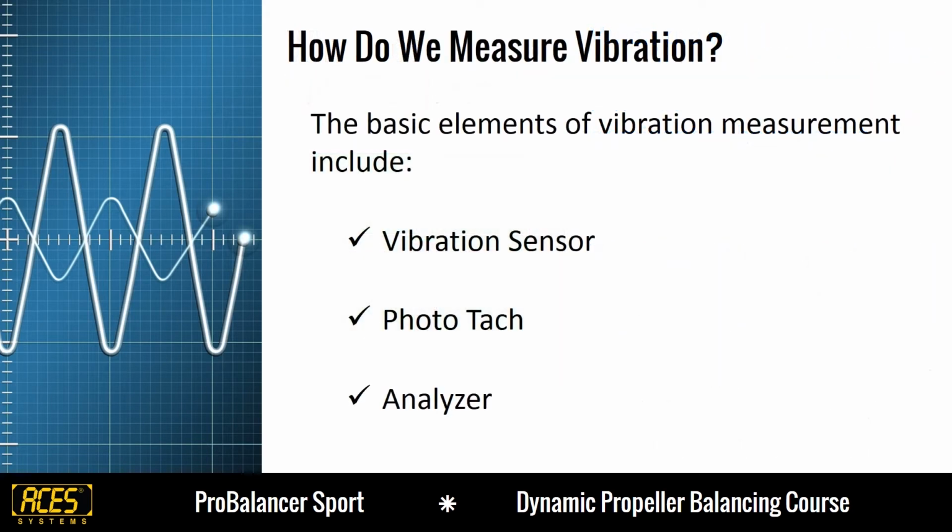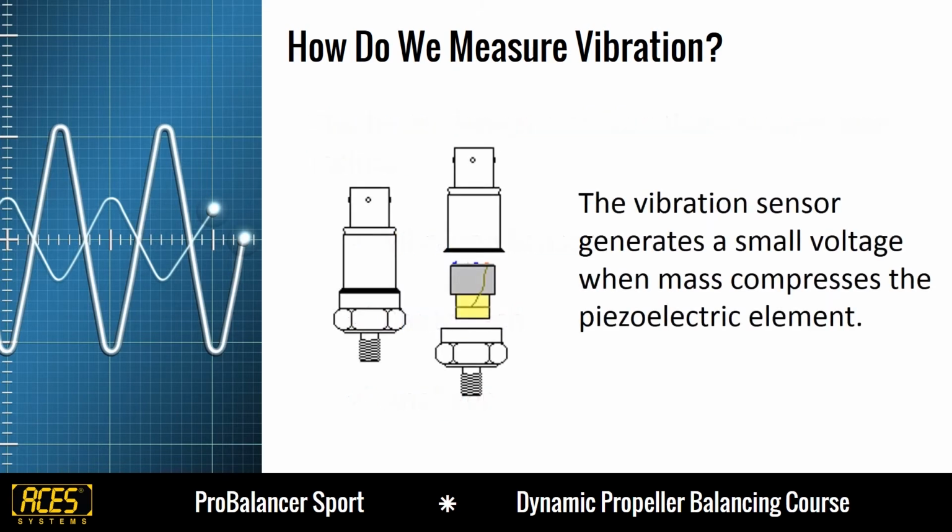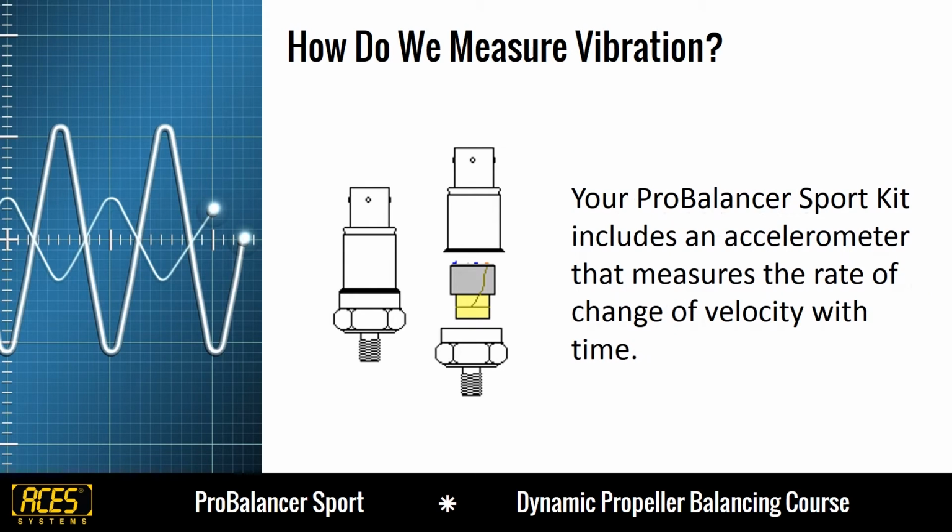So let's talk now about how we can measure vibration using a vibration sensor, phototach, and analyzer. The vibration sensor generates a small voltage when mass compresses the piezoelectric element. Your ProBalancer Sport kit includes an accelerometer that measures the rate of change of velocity with time.